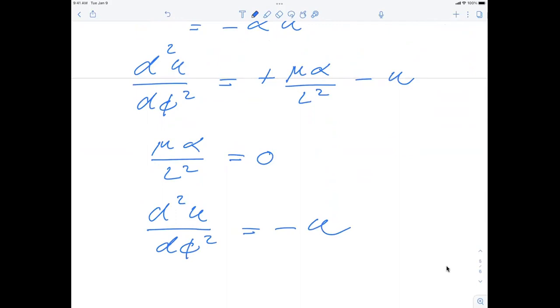Does anyone remember what the solution to this equation is? We saw that one with another variable called time when we looked at harmonic oscillations. So if you look at the final equation which we have here, where we put the constant equal to 0, do you remember what kind of solution we may expect then?